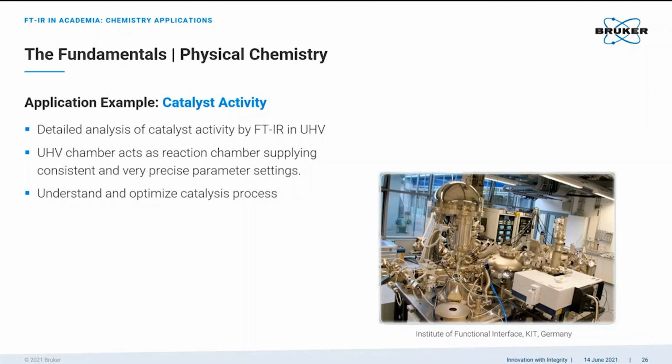By doing so, reaction conditions, catalyst ingredients, and structure can be fine-tuned and perfectly controlled. This is a great help to selectively analyze the influence of every single parameter and to fully understand every single step of the whole heterogeneous catalysis process. Only with this knowledge can we optimize the catalysis to higher efficiency and lower cost in, for example, technical chemistry.